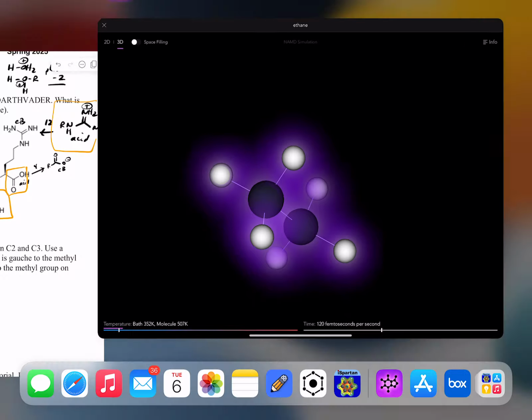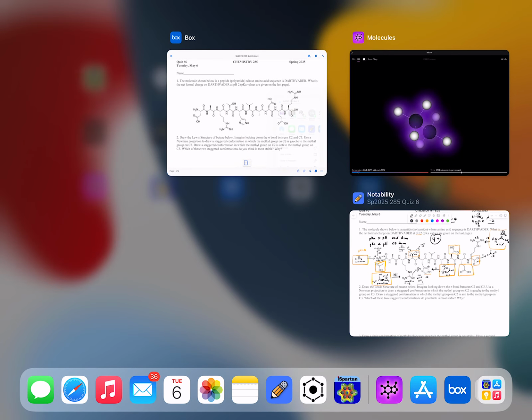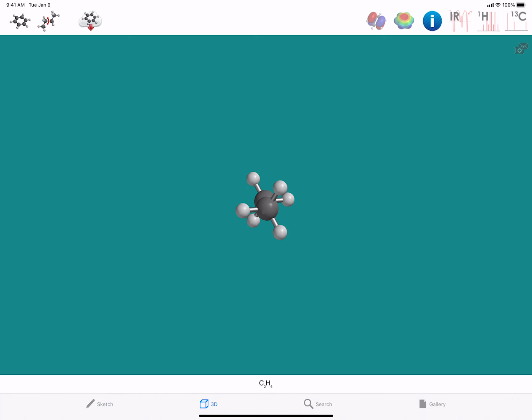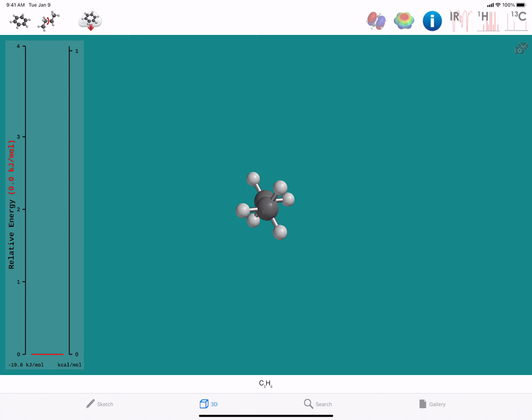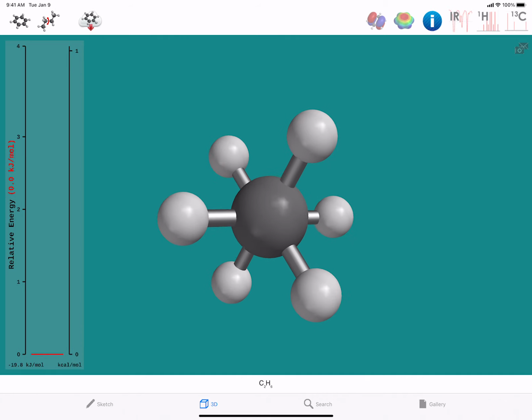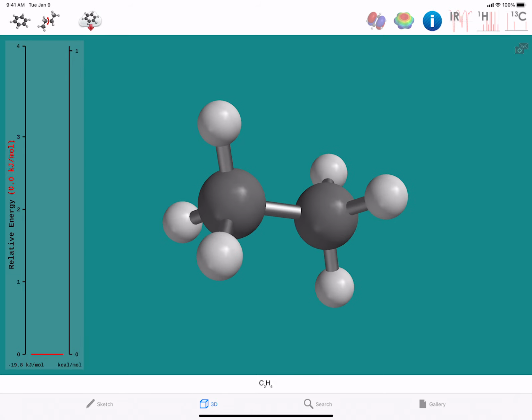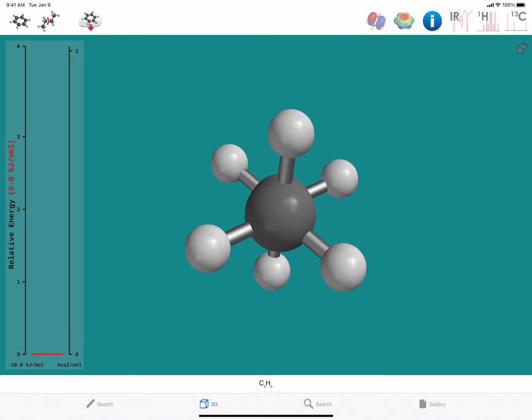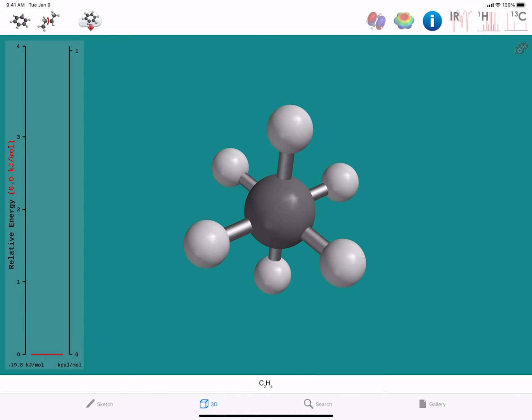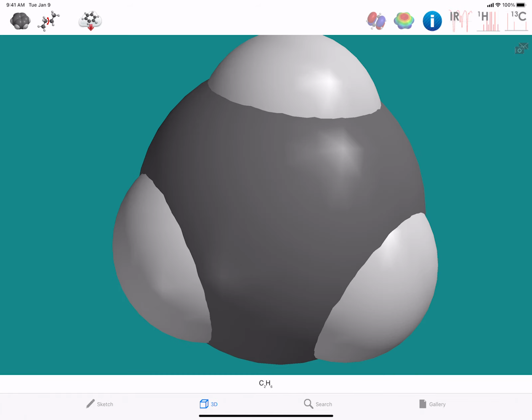Another view of atoms that may be helpful to you, we'll look at the Spartan app, and I will draw ethane, and we'll draw a space-filling conformation. So this is the staggered conformation for ethane.